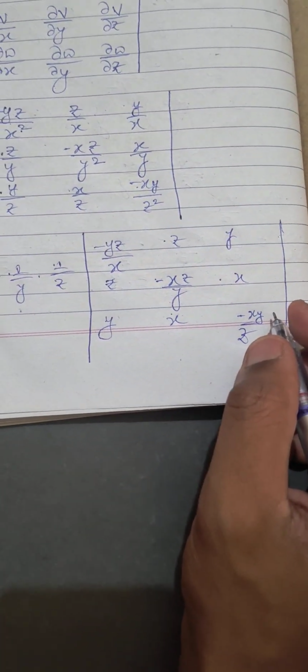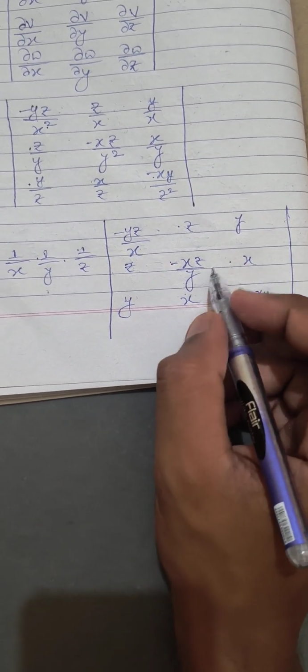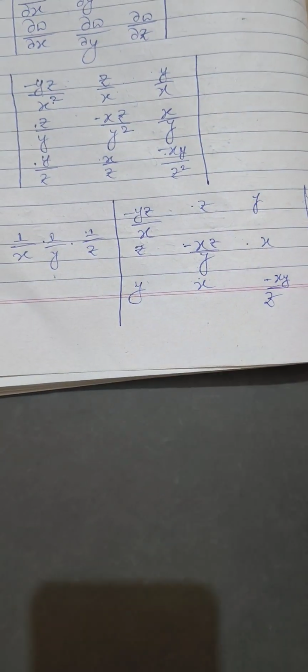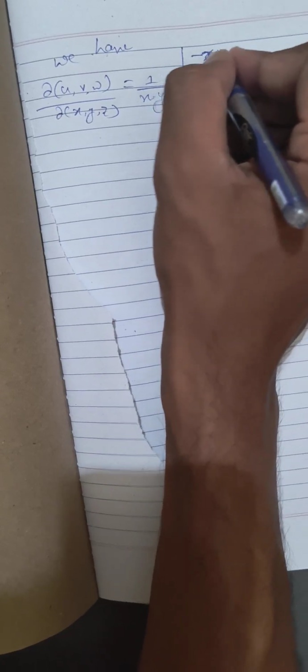Is it clear? Now expand this determinant. You can expand along the first row or first column, along any row or any column. So we have del of (u, v, w) by del of (x, y, z), that is the Jacobian, equals what? We take the common 1 by xyz. So what we are left with is minus yz divided by x, z, y in the first row.